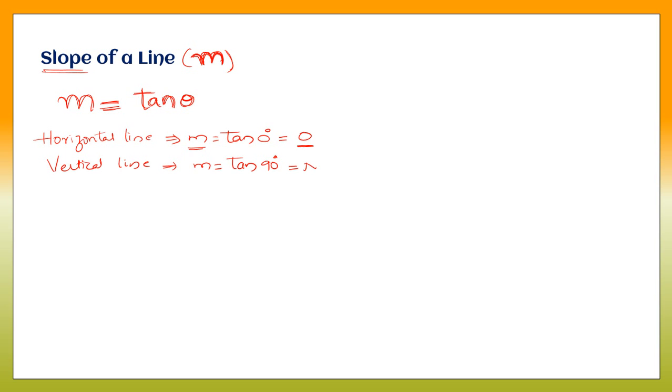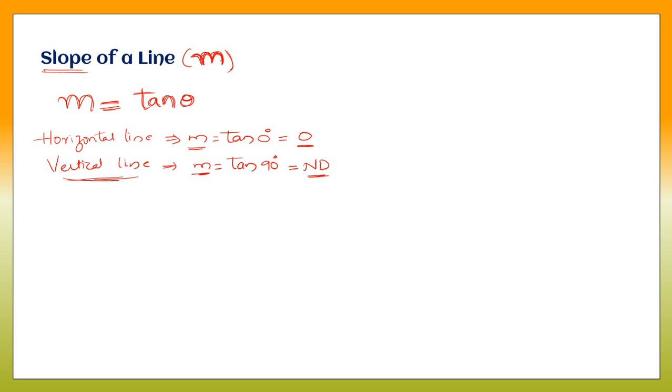Tan 90 degrees is not defined. So clearly the slope of a vertical line is not defined. Hence, while solving problems, we will not be considering vertical lines, since the slope is not defined. If any vertical line comes up in a problem, then we will consider the slope as not defined.